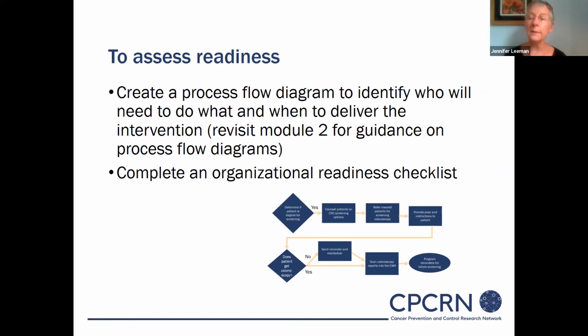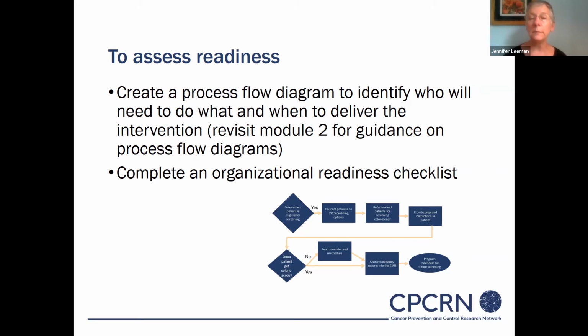And so at the bottom of the slide, you see an example of part of a process flow diagram. And the idea here is that you carefully think through as a team, who needs to do what to deliver the intervention. This way, you know exactly who needs to be involved, what materials they may need, and what activities they're going to need to engage in order for this to happen.